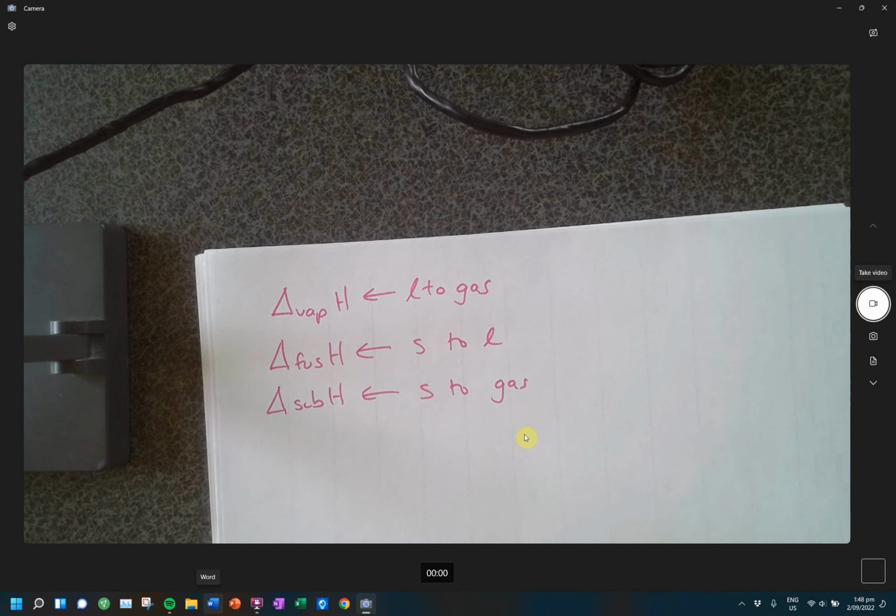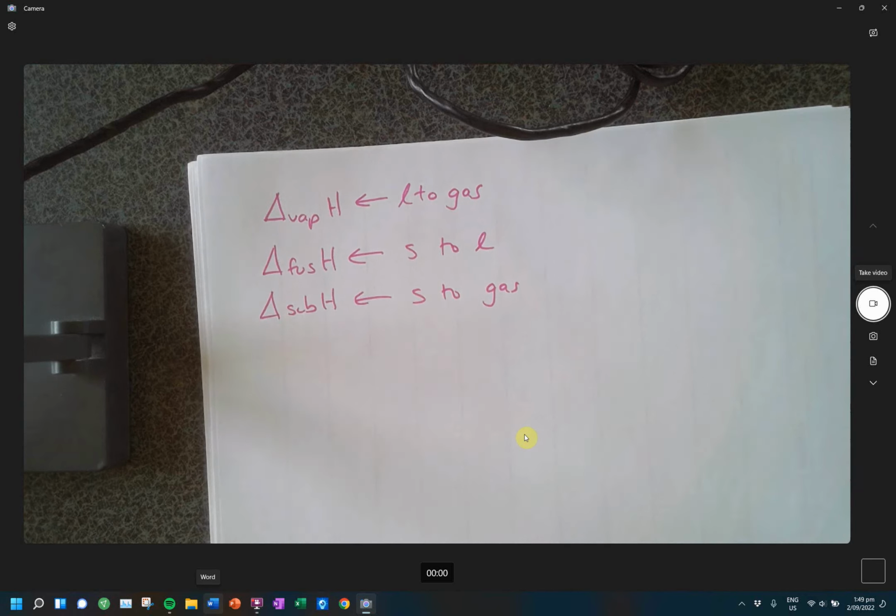Those are the ones we've talked about so far, in the context of molecules and their phase changes. And why are they always endothermic? It's always going to require energy to break the intermolecular forces. The new ones we're talking about are two new ones.